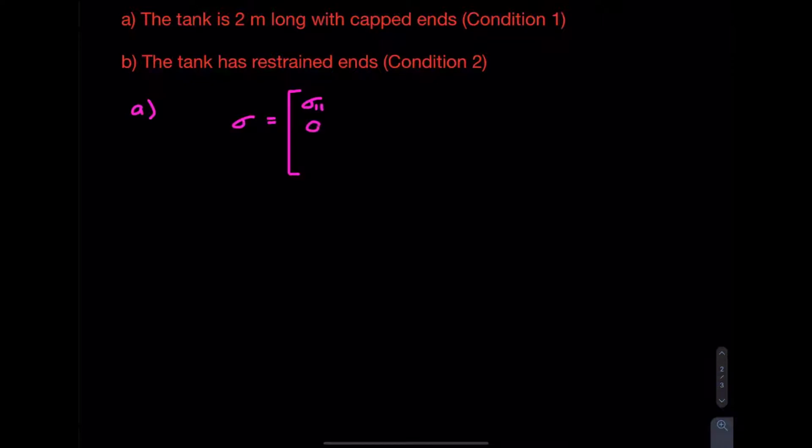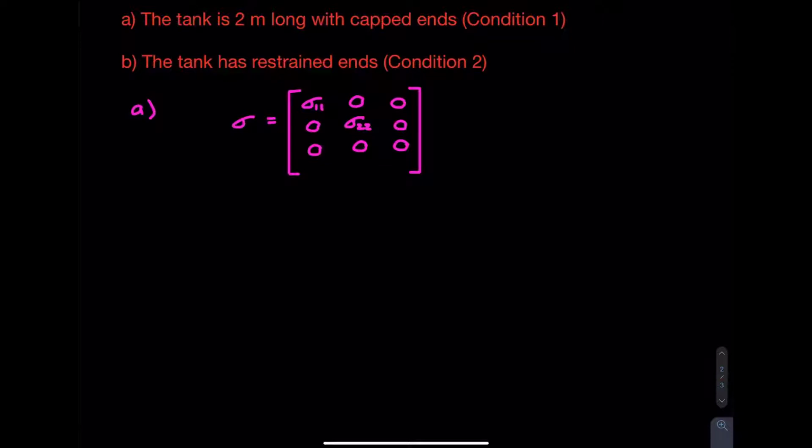We have 0, sigma 2,2, 0, and then finally our third column is just going to be straight 0. So a whole lot of nothing going on in that third column. If I look at this stress tensor, all I need is sigma 1,1 and sigma 2,2. And of course, these are dependent on the conditions. Well, sigma 1,1 is.